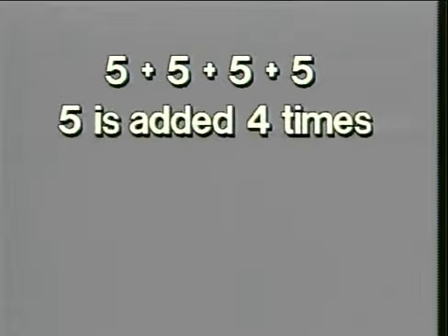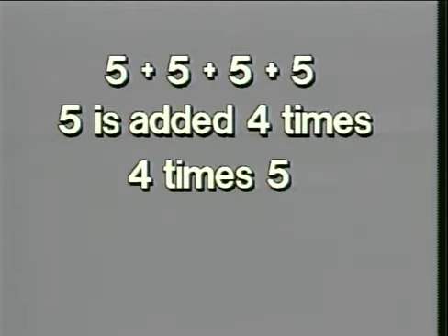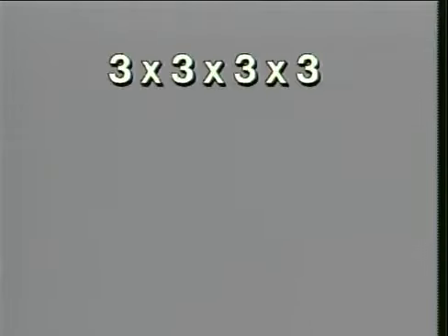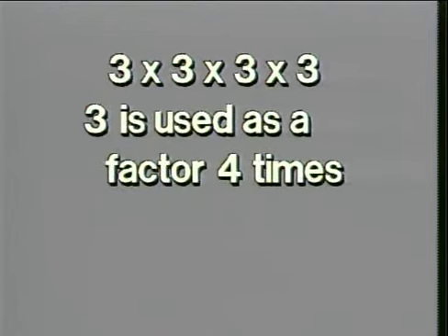A discussion of exponents can begin with a discussion of addition and multiplication. Here, for example, we see that 5 is added 4 times, and we say that this is 4 times 5, and we indicate it like this. Well, in a similar way, we can indicate repeated multiplication. Notice that 3 is used as a factor 4 times.